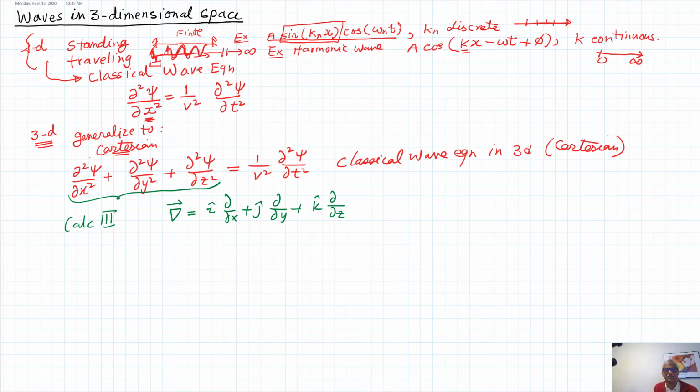Of course, this requires something to act on, right? And then there is del dot del, if you took a dot product, so i hat with i hat, so this will give you another operator in Cartesian.